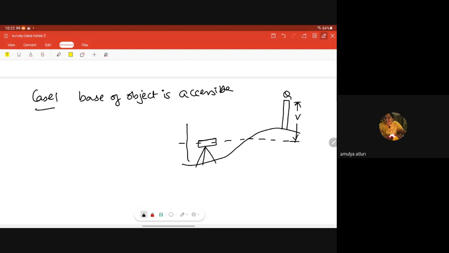This is Q. This is your backsight here, and this is your benchmark, and this is the distance between the 2 points while you traverse.